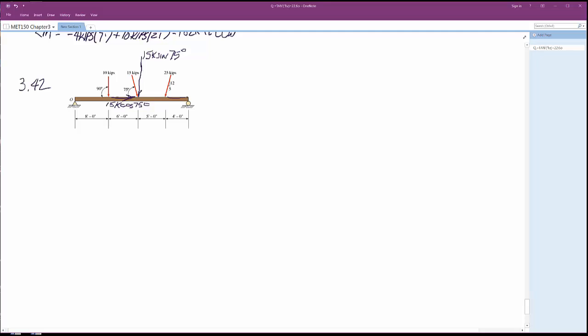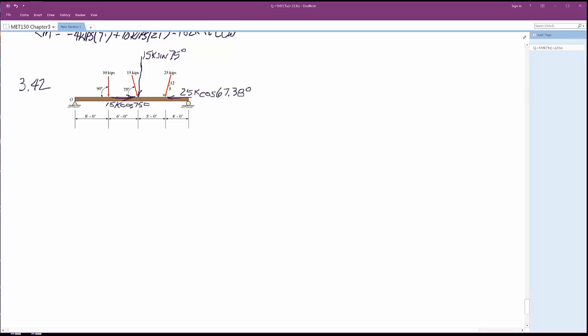Then we have another force here that's doing this, and that is 25 kips cosine of arctangent of 12 over 5, which is 67.38 degrees.